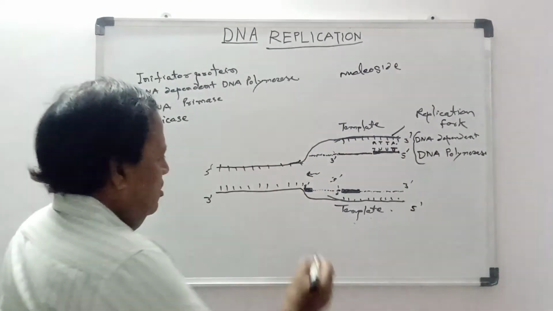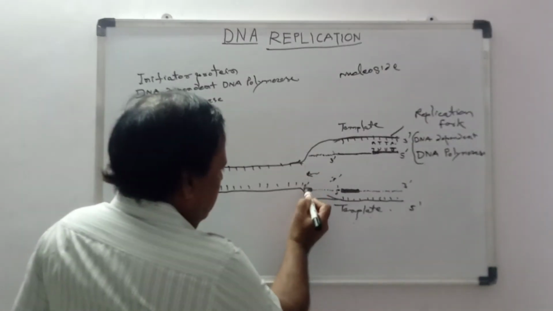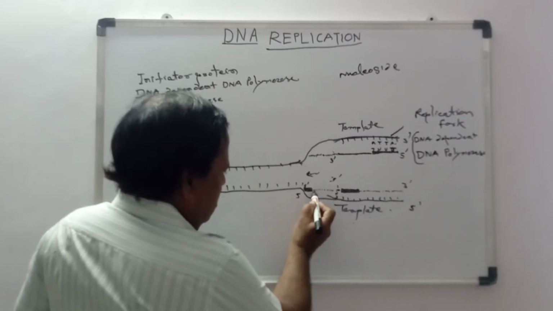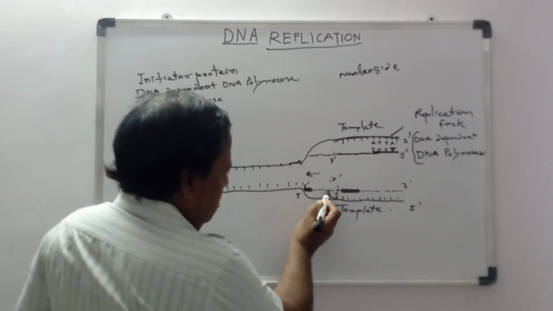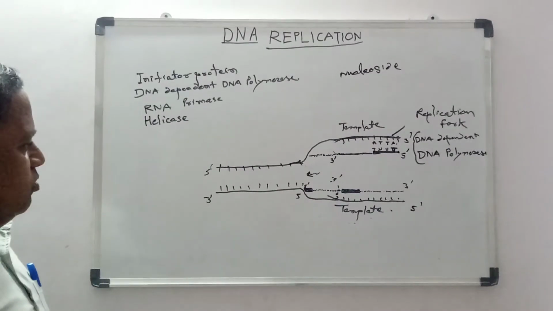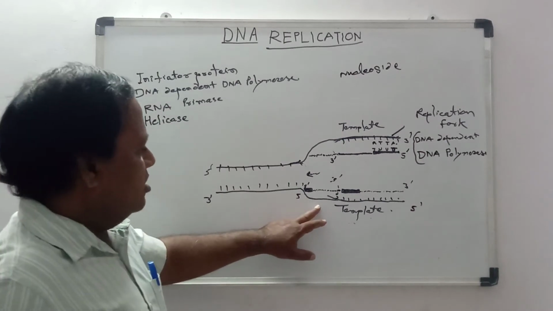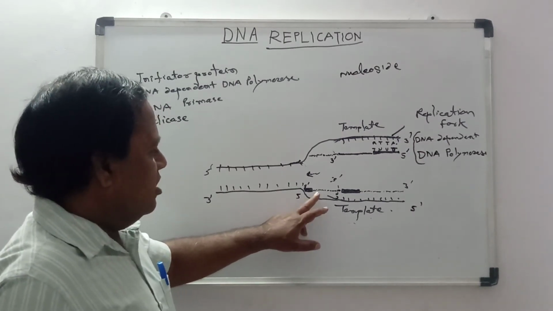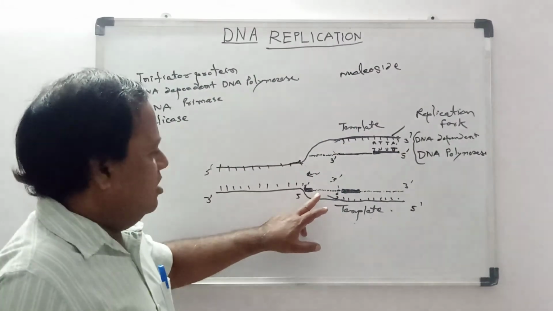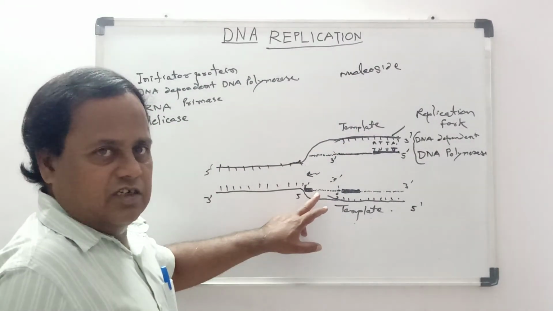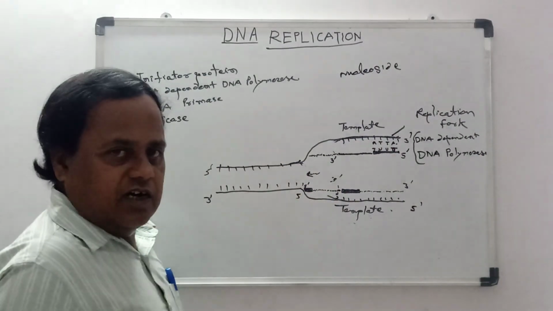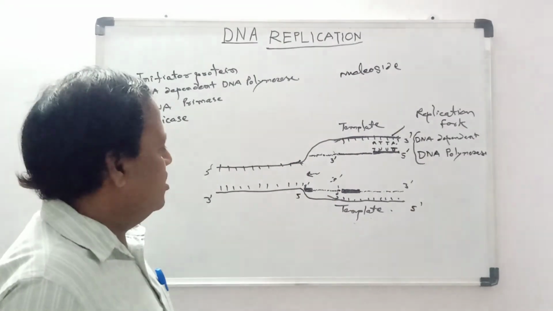Understood? So once again, this will be 5' end and this will be 3' end, and the polymerization process will start over here. So we can say that on this strand, the polymerization reaction is in pieces and is discontinuous.